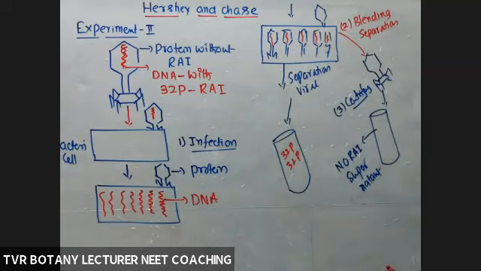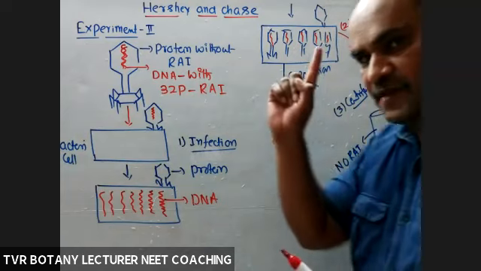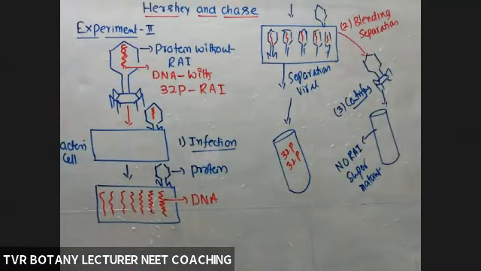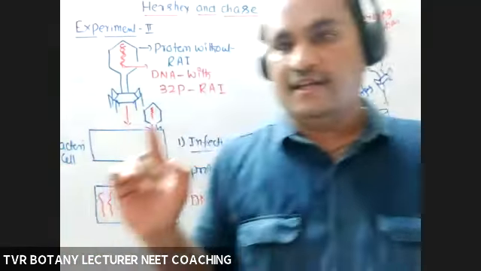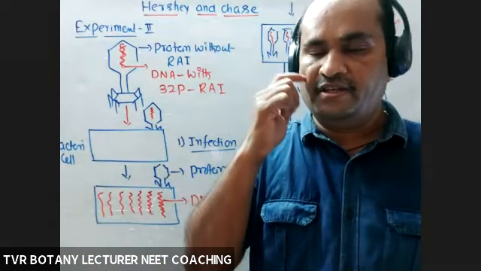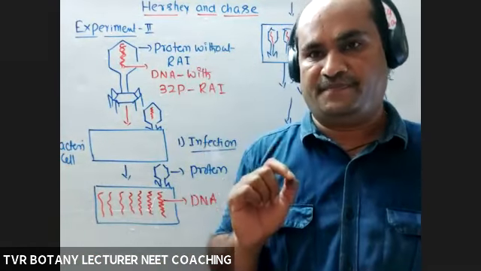Okay, so what about first experiment? In experiment one, in that bacteriophage, protein was labeled, DNA was non-labeled. So in the first experiment, bacteriophage was labeled with radioactive isotope in protein.